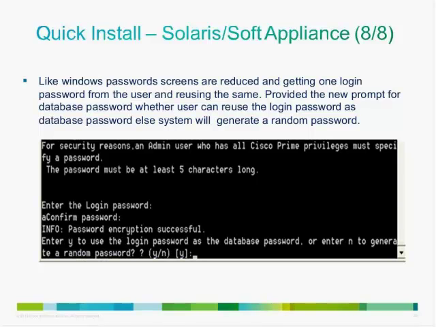Like Windows, password screens are reduced, getting one login password from the user and using the same. A new prompt provides the database password, which can reuse the login password, else the system will generate a random password. Like we saw in Windows, we have a checkbox from where we can reuse the same username and password.